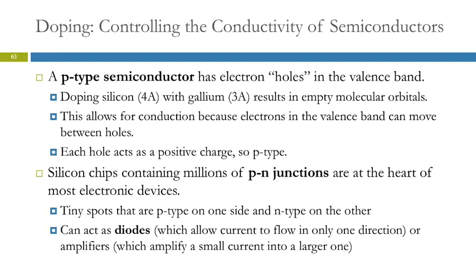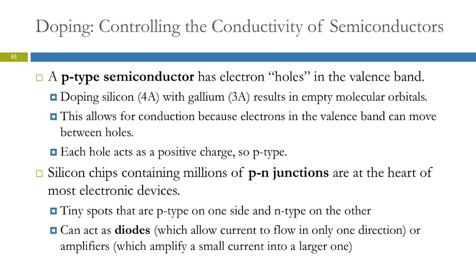It's not as free, perhaps, as going into the shoulder of the road. But if you just took a few of the cars out of the traffic jam, things would begin to move, right? So the holes can move. And so holes act as positive charges. And so this is called a p-type semiconductor.